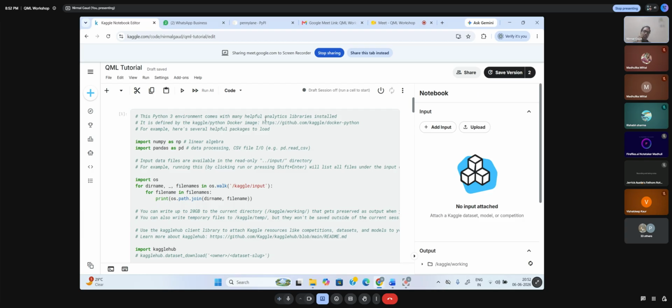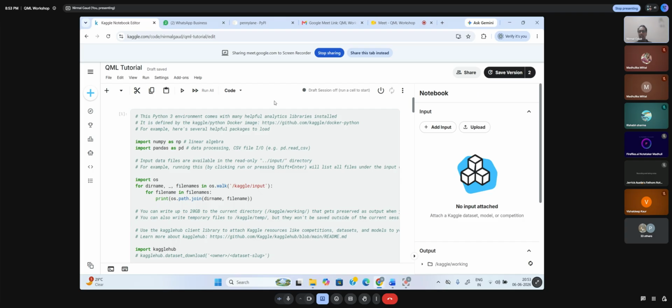Now, since we are dealing with quantum ML, general machine learning libraries are not enough, because, as already told, you need to convert your input into qubits. For converting input into qubits, you require a quantum library. So what kind of libraries are available for that particular conversion?